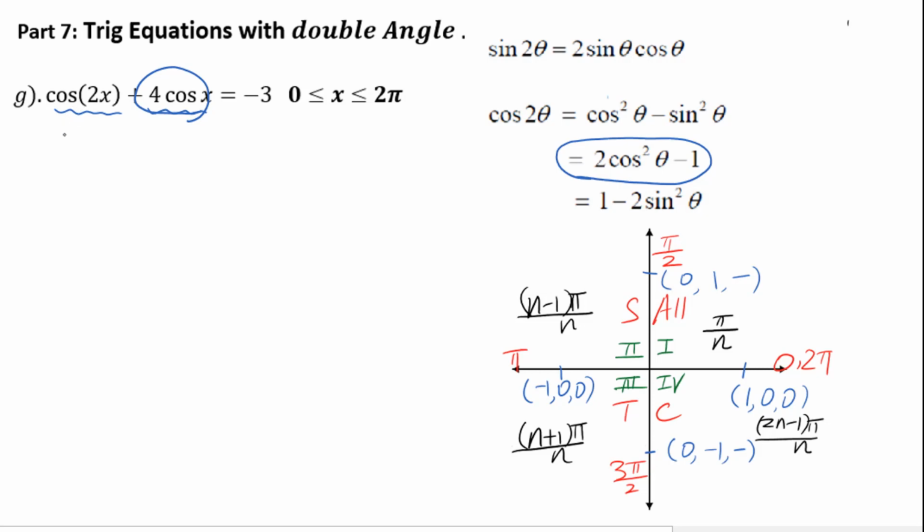Cosine 2x, you will get 2 cosine square x minus 1. Then plus 4 cosine x equals negative 3.